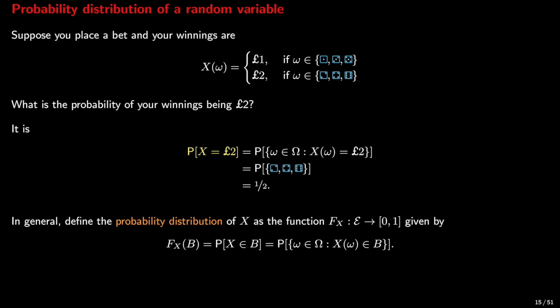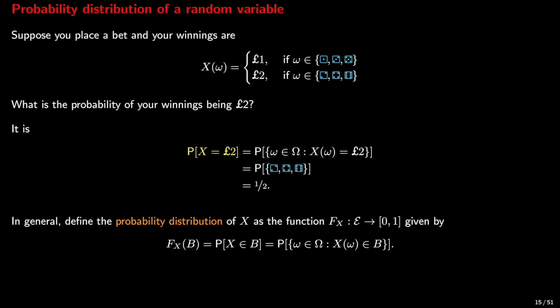Now, in general, we define something very useful here, the probability distribution of a random variable. The probability distribution of a random variable is a function F, uppercase with subscript X, that takes a set in the range space of the random variable. So it takes, for example, a subset of the real numbers and returns a number between 0 and 1. It returns a probability.